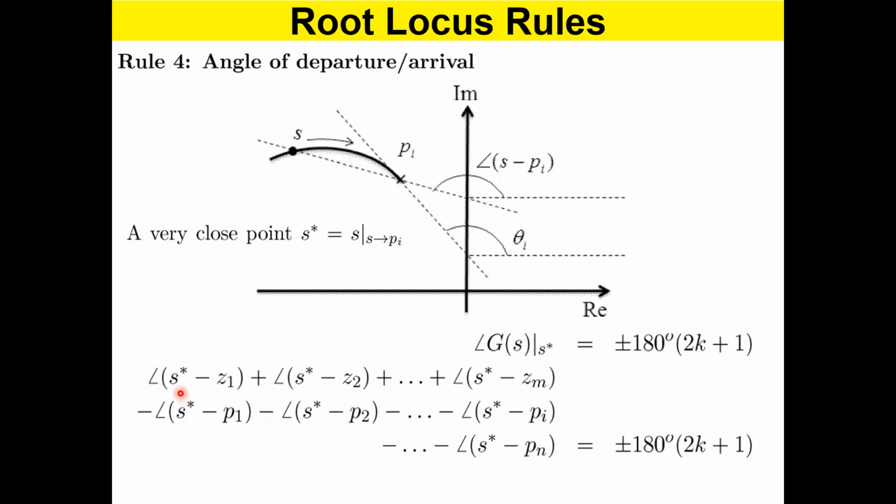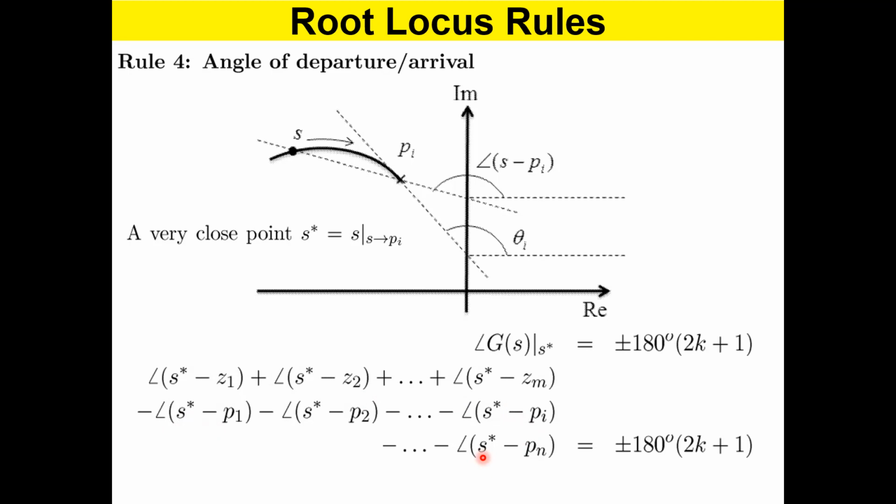You take all of the zeros' angles minus all of the poles' angles, and it equals plus or minus 180 degrees. Now in this open loop transfer function, we don't have zeros, so this part is not there. Only the poles.